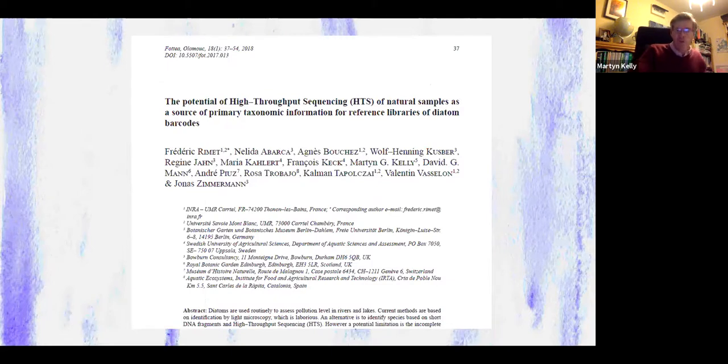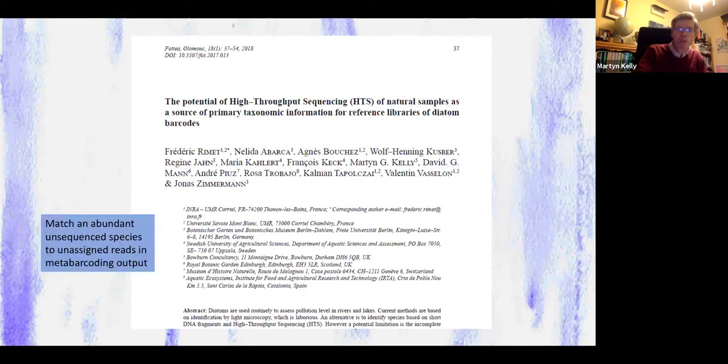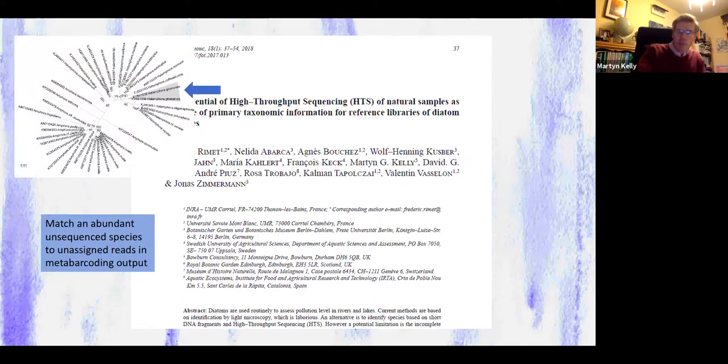So the first question, alternative approaches. This is one that we've tried both in the UK and in France: can we identify barcodes directly from metabarcoding outputs? The approach here would be that you identify a target taxon in a light microscopy sample, find something in your light microscopy that's not represented in the barcode library, and then try to match that to a corresponding read in the metabarcoding output.